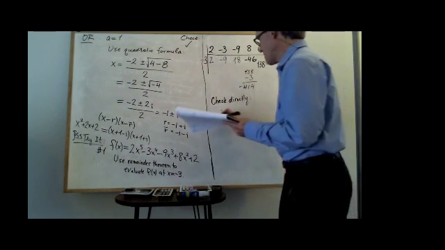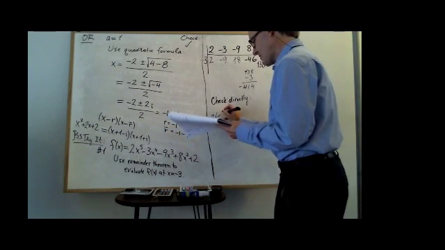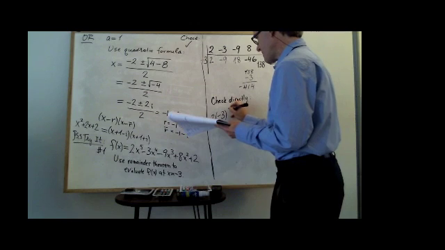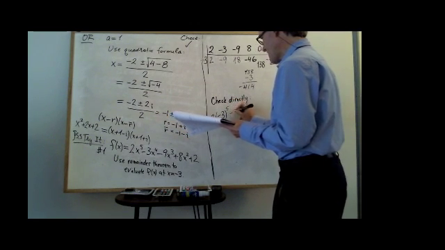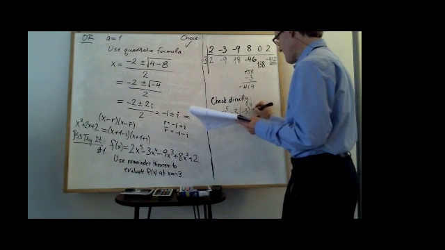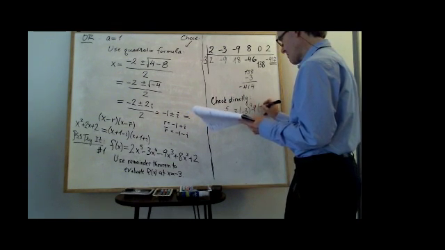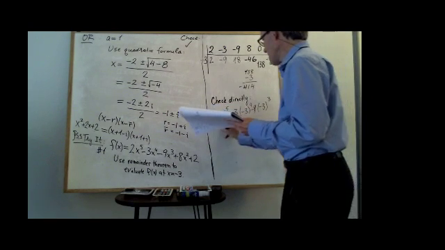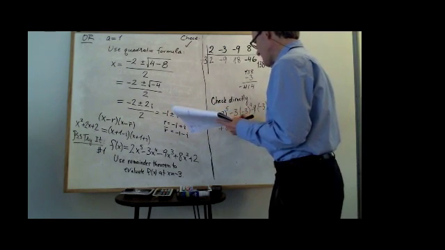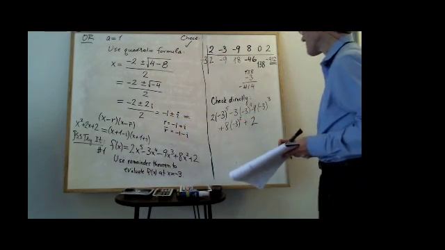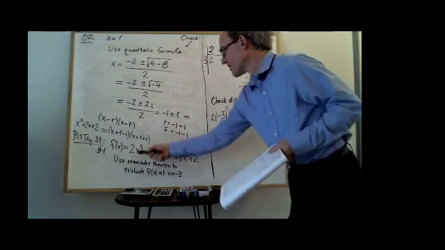And you can check that what you get here is, I'll just write it out, 2 times minus 3 to the power 5, minus 3 times minus 3 to the power 4, minus 9 times minus 3 to the power 3, plus 8 times minus 3 to the power 2 plus 2. So I just plug in minus 3 into all these terms.